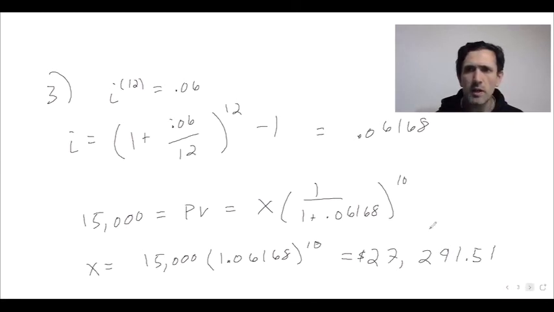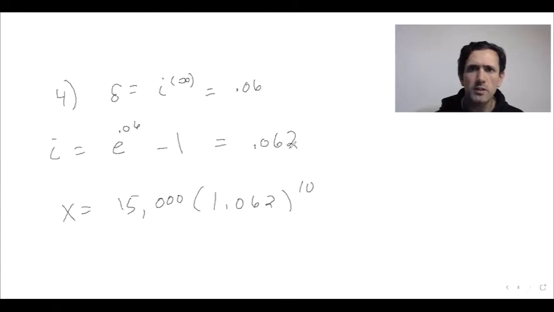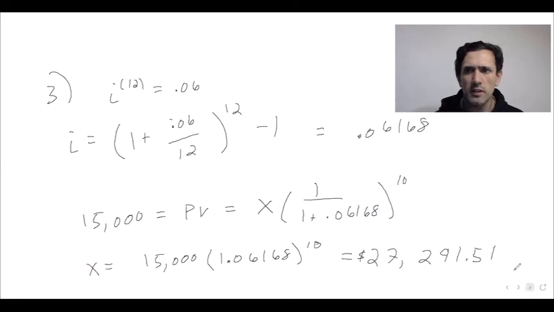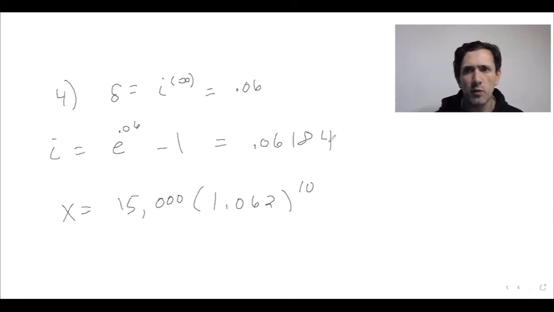Sorry, I made a mistake here. You plug this into the calculator, and it's actually even closer to the equivalent effective annual interest rate in 3. It's 0.06184. So this one's 6168, that one's 6184. So even closer.